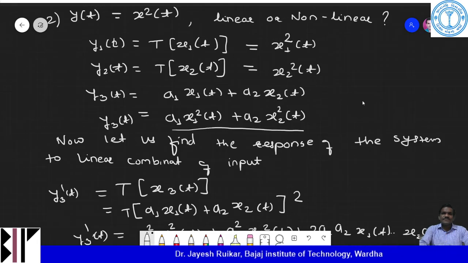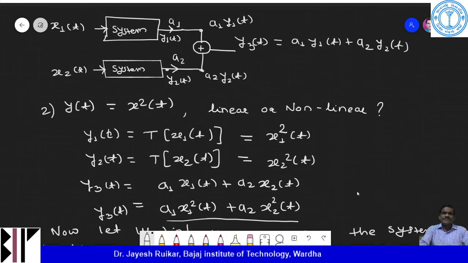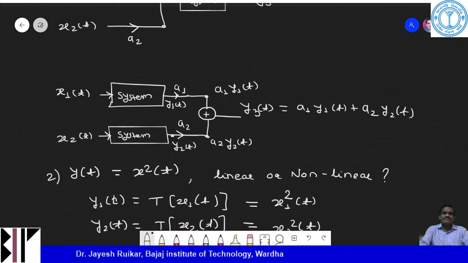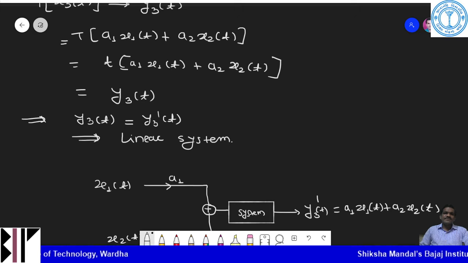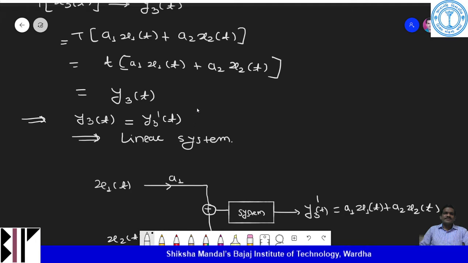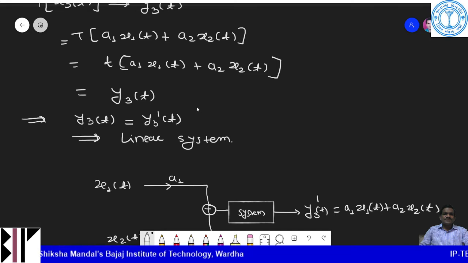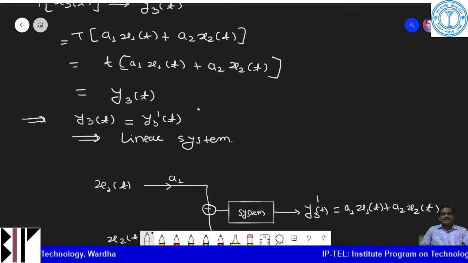Okay, so the first example we saw, we got a linear system, because y3 of t is equal to y3 dash of t. That means when we combine two inputs, then its linear combination, or you can say a combined transformation on that signal, will be equal.